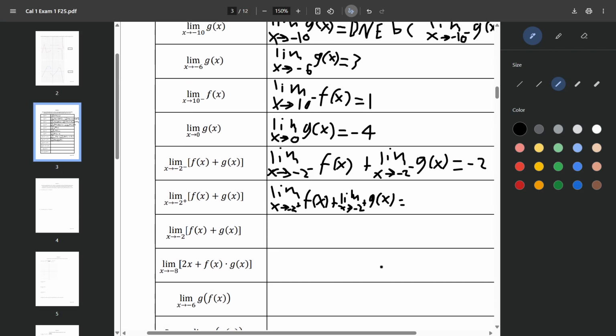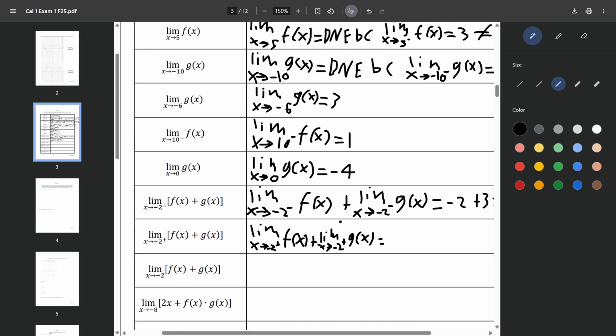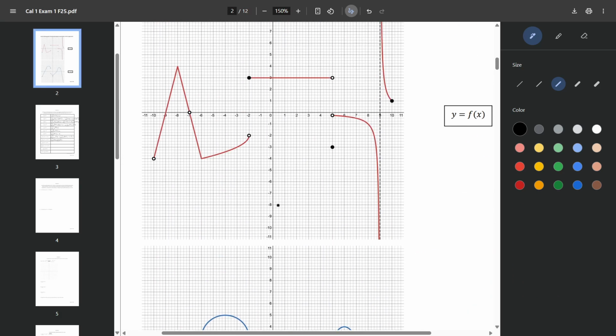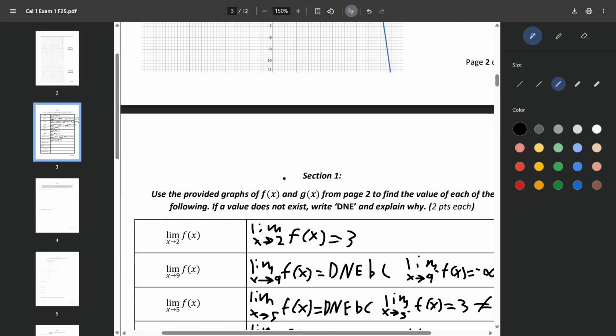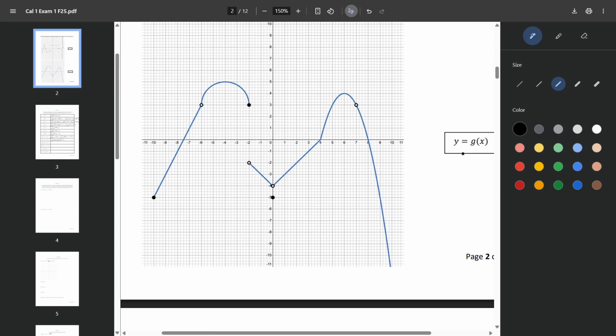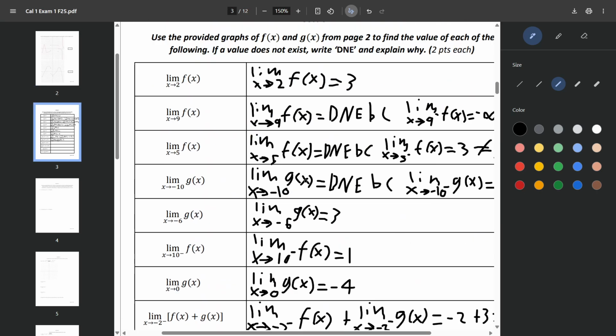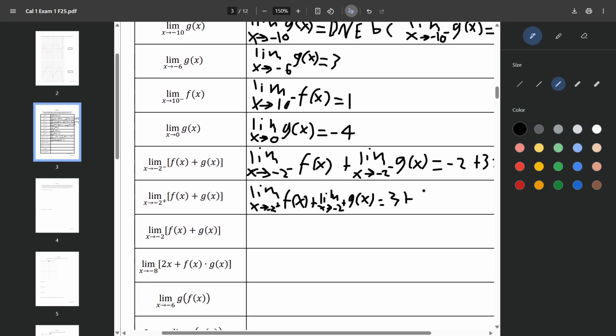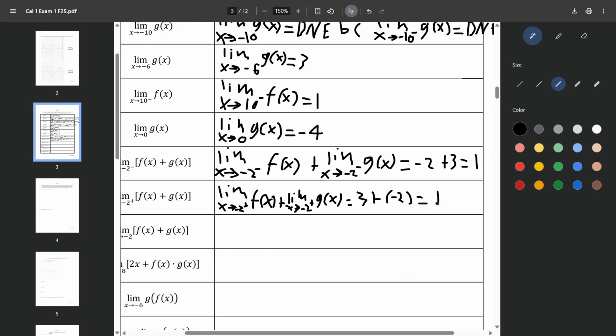And that will equal, let us see our graphs first, that will equal 3 plus g of -2. And so our answer will equal 1.